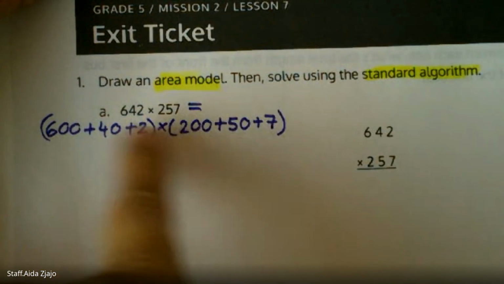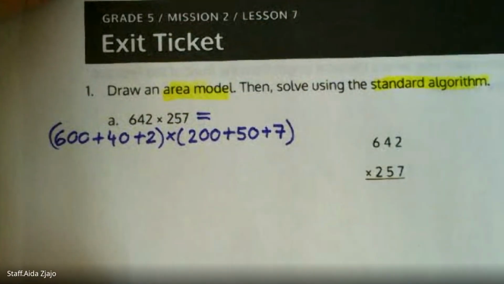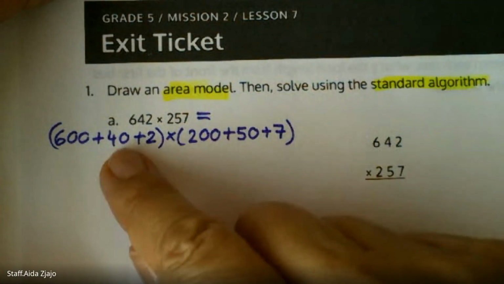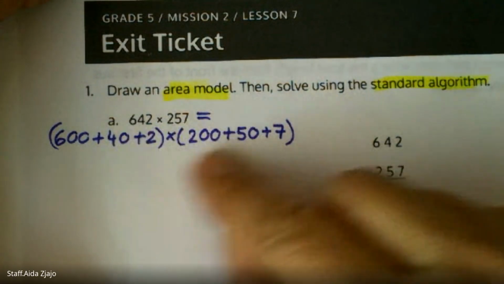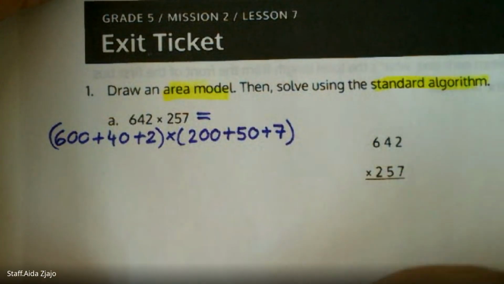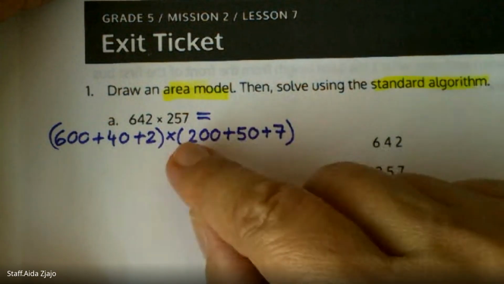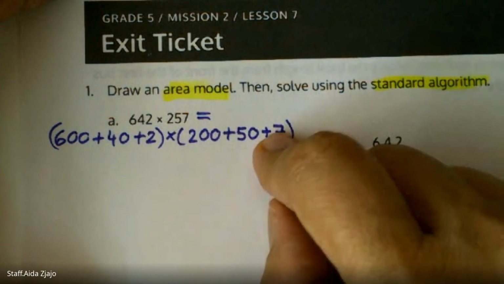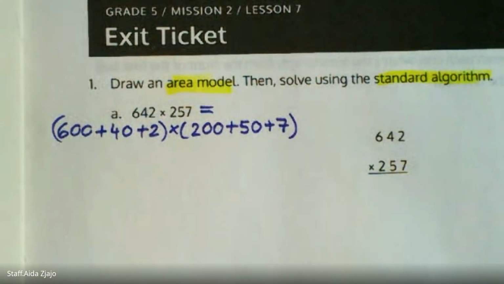This times this, this times this, this times this. That's 3 products. Then 40 times 200, 40 times 50, 40 times 7, that's another 3 products. And then 2 times 200, 2 times 50, and 2 times 7. So you have 9 products to figure out.